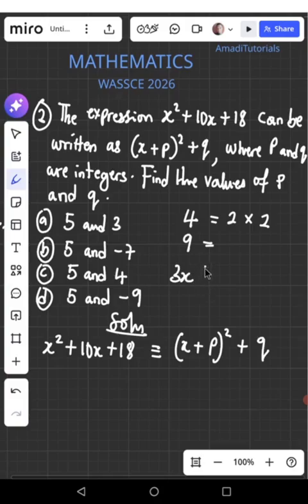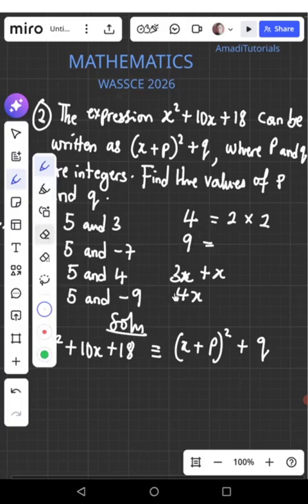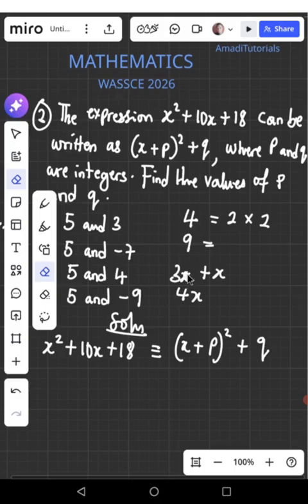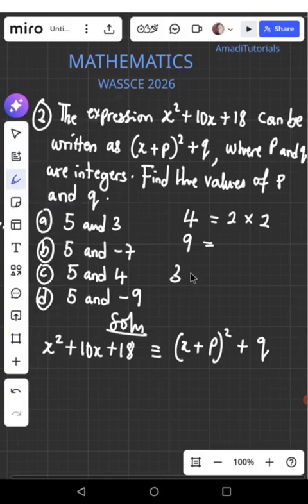Now this 3x, if you add x to it, it's going to give you 4x. Let me just neglect the x for now. So now this 3, if you add 1 to it, it's going to give you 4, and 4 is a perfect square.